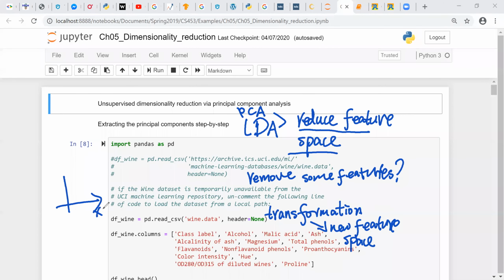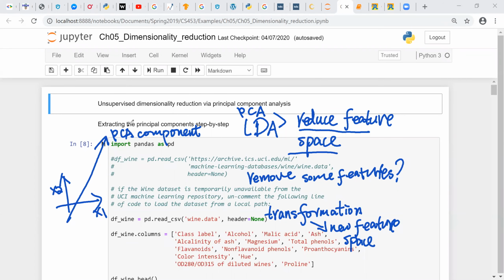Over here is original features x1, x2, and over here is your principal component. This component is not x1 or x2. It's some kind of transformation of both x1 and x2. So it's a new feature, but it has some relationship with the original x1 and x2 features. So in this regard, it's not removing features.